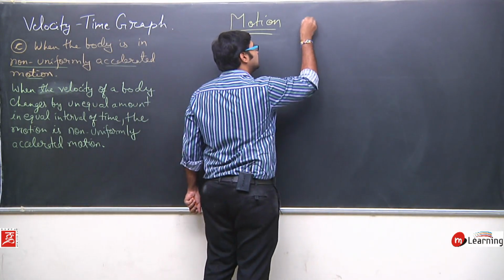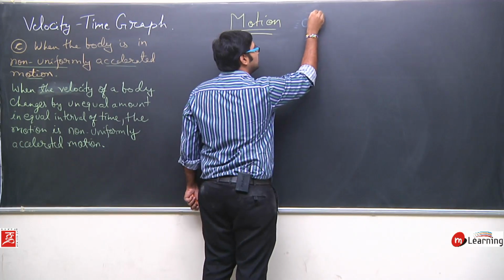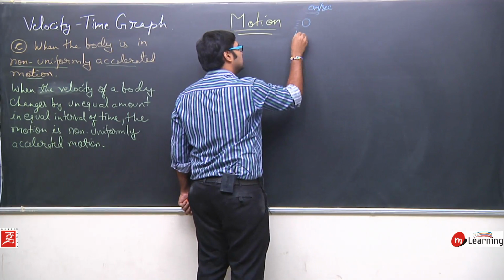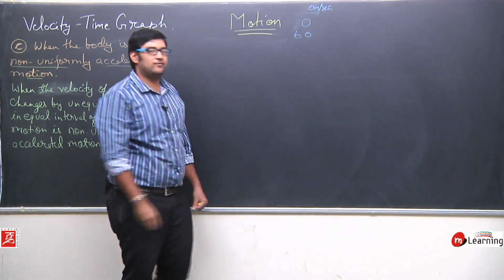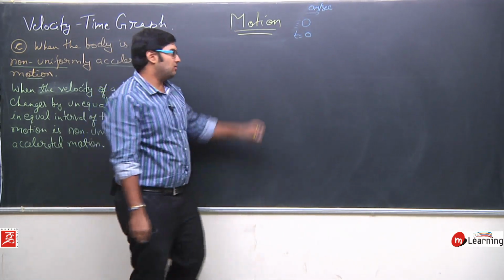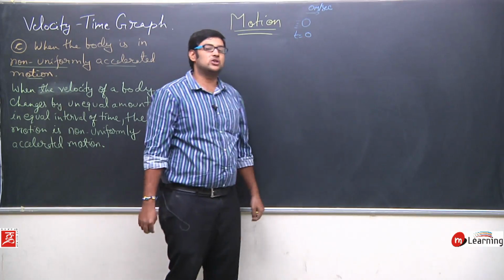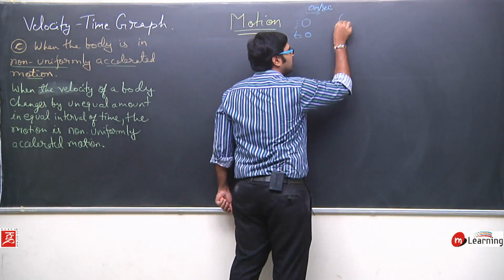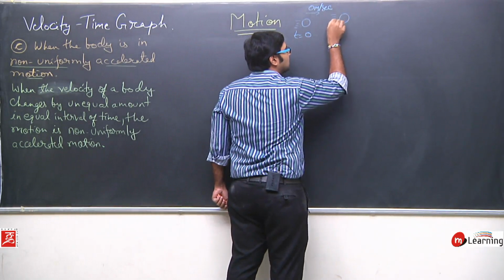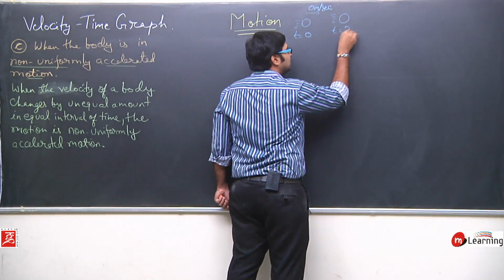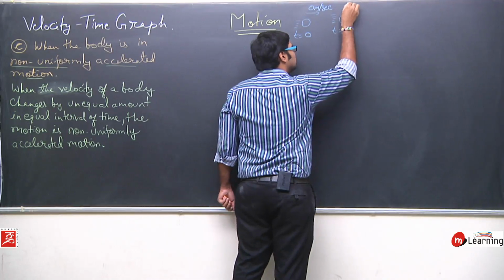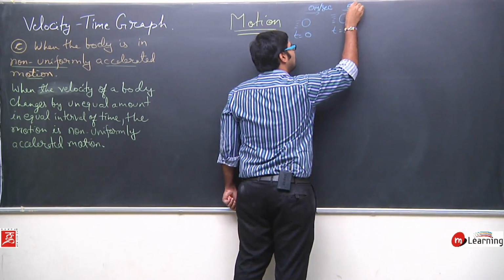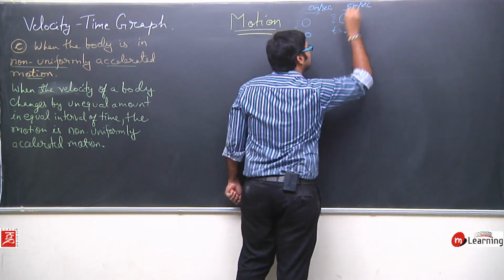Let's say this is a ball, which was at 0 meters per second at t equals 0. It means when I first saw the ball, it was at rest at t equals 0 seconds. And after, let's say, 2 seconds, when I saw the ball, it was moving with a speed of, let's say, 5 meters per second.